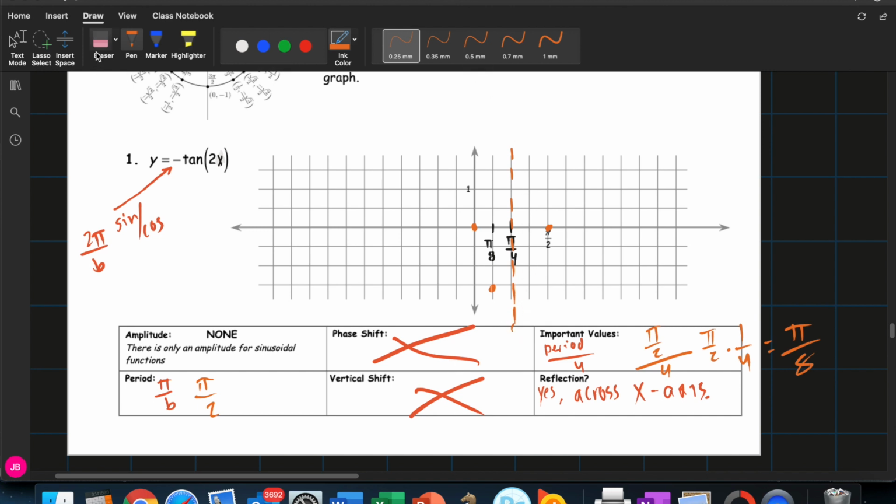And then my pattern will once again repeat, except that instead of being at -1, I'm going to start at +1, then 0, and then -1. And then what comes after that? Sorry, I put it in the wrong spot. It should be here. And then the next spot is an asymptote. And then it repeats, 1, 0, -1. I think I drew these too low. My bad. They should be there.